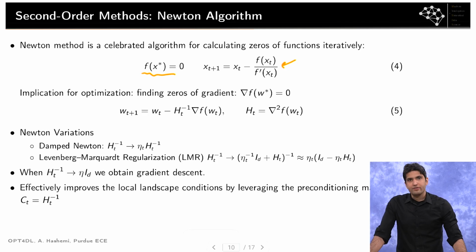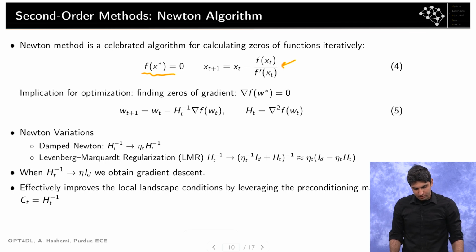So this applies to any f. In this case it's one-dimensional, but it also applies to cases where the function is multidimensional. Okay. In particular, there is a very direct implication for optimization. Let's say that you are interested in finding zeros of the gradient of a function. Okay. So this is what we are looking for.